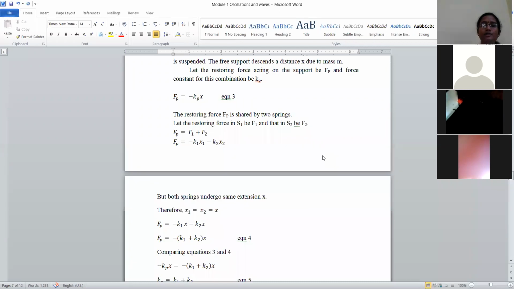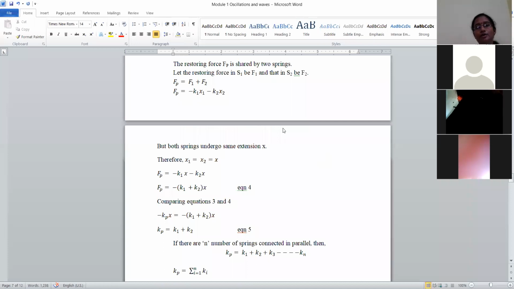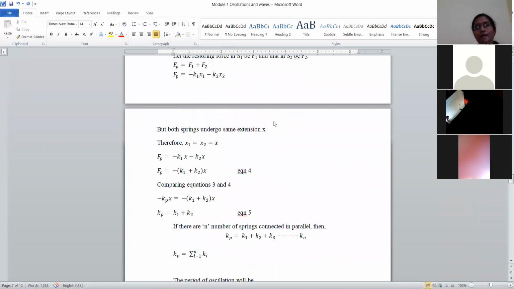And as both the springs undergo the same extension, both springs S1 and S2 undergo the same extension x, we can write x1 is equal to x2 is equal to x. So in place of x1 and x2, we substitute just x.